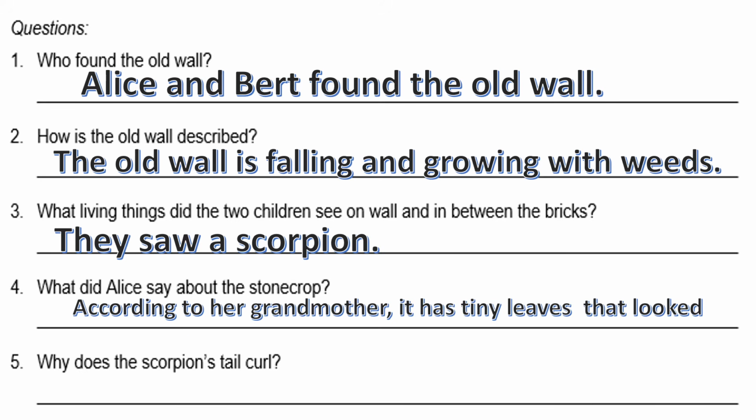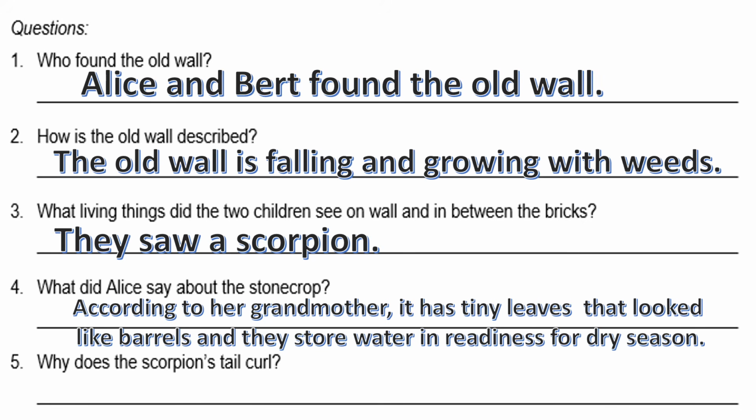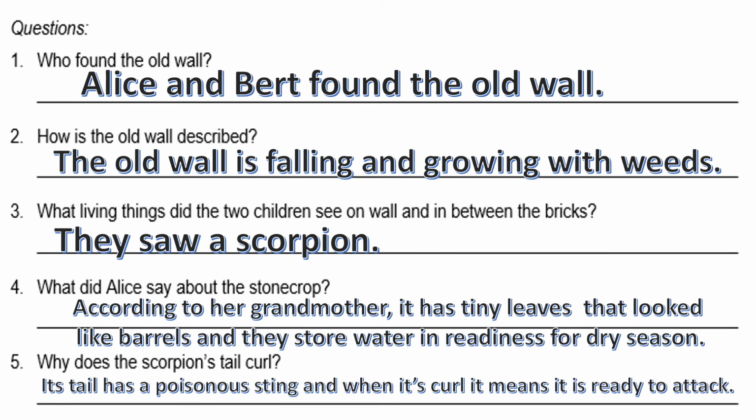According to her grandmother, it has tiny leaves that look like barrels and they store water in readiness for dry season. So why does the scorpion's tail curl? Its tail has a poisonous sting, and when it's curled, it means it is ready to attack.